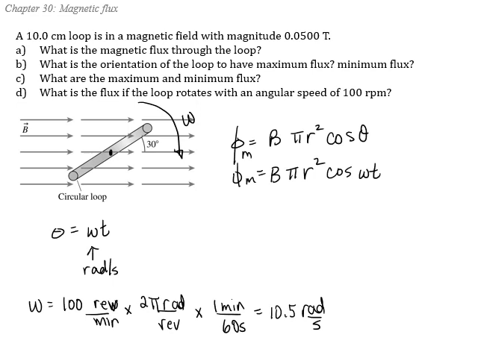So our magnetic flux then is B times pi r squared. That's 3.93 times 10 to the minus 4 Webers times cosine. We can't put in a number here because the flux depends on what time it is, but it's going to be times cosine of 10.5 radians per second times t. So there's your magnetic flux if it's rotating. We see that it changes.